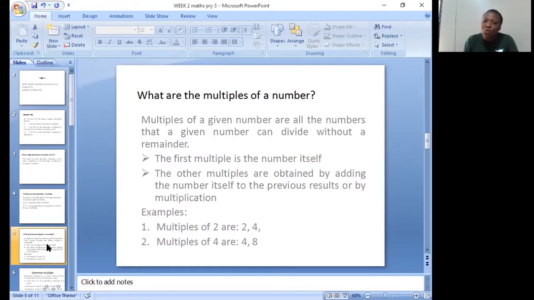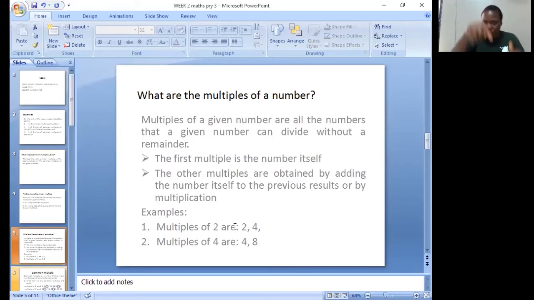The other multiples are obtained by adding the number itself to the previous result or by multiplication.